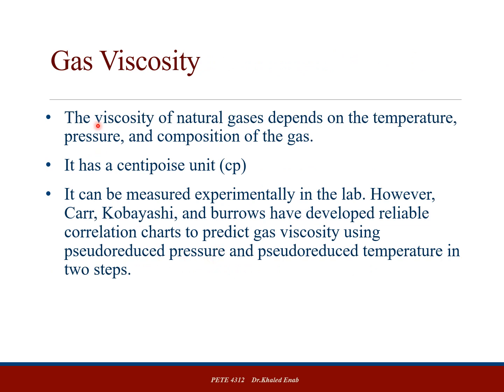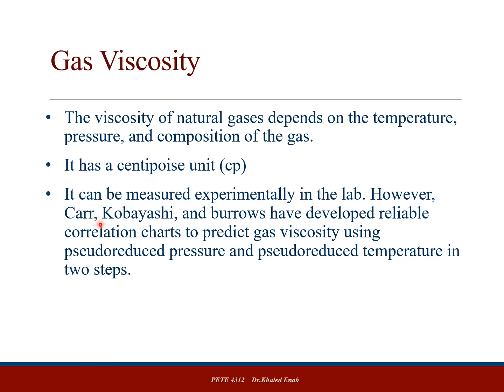Gas viscosity. The viscosity of natural gas depends on the temperature, pressure, and compressibility. The unit for gas viscosity is centipoise, and it can be measured experimentally in the lab.